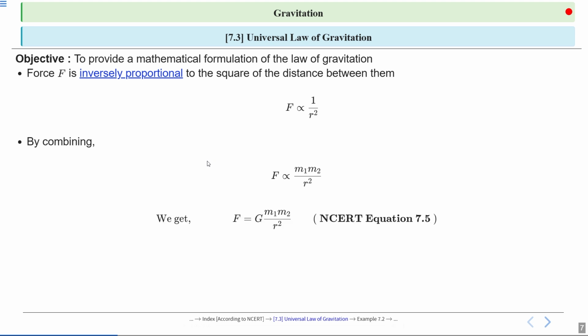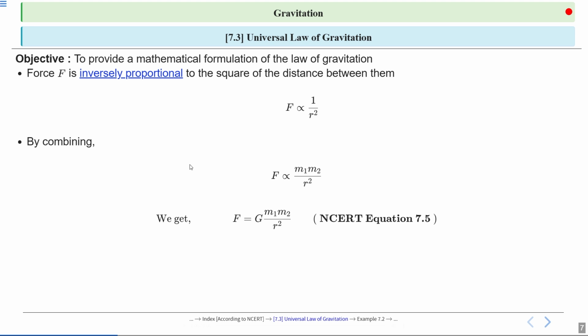So to remove the proportionality sign, here we will add a constant. Here we introduce the universal gravitational constant capital G to complete the equation. The full expression is F equals G into the product of masses, that is m1 m2, divided by r square.